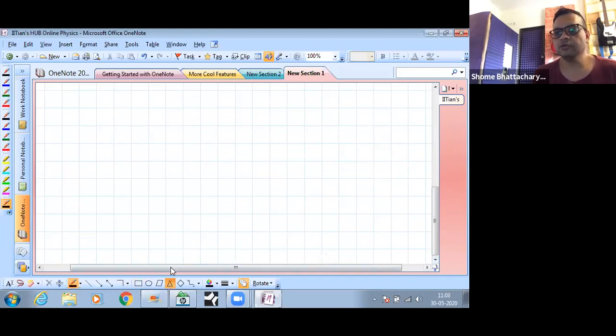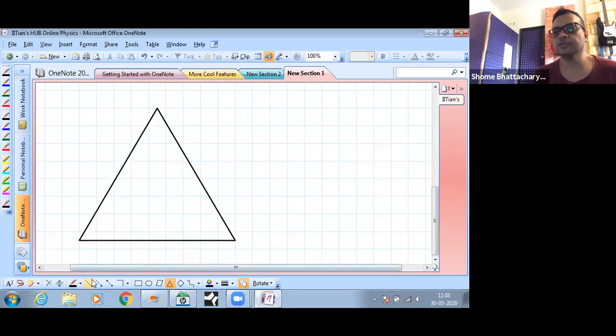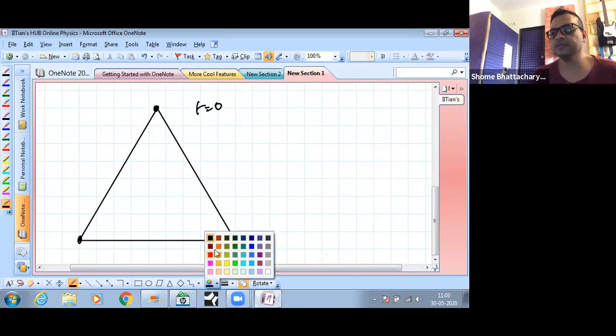As you all know, in this case, they start from this position at t equal to 0. This is where they were at t equal to 0. Now after a very short duration of time, let's say t equal to delta t, the particle B would have reached here, the particle C would have reached here, and the particle A would have reached here, because they are traveling like this.